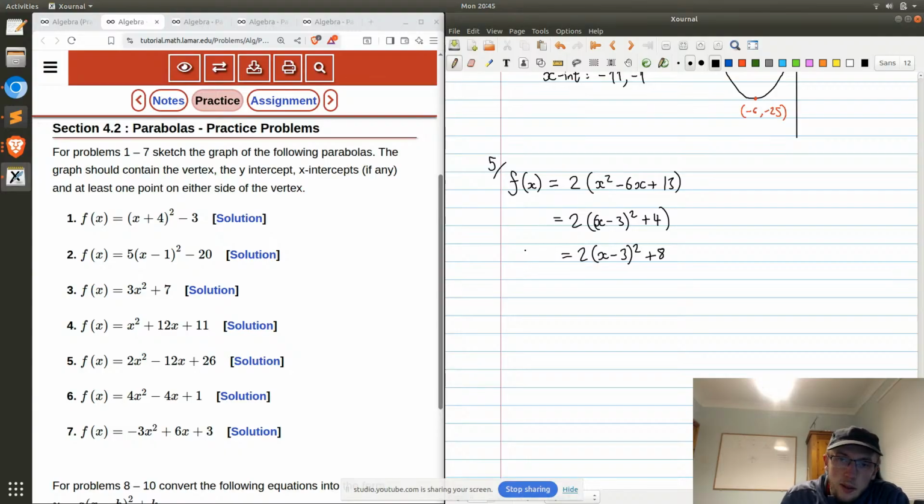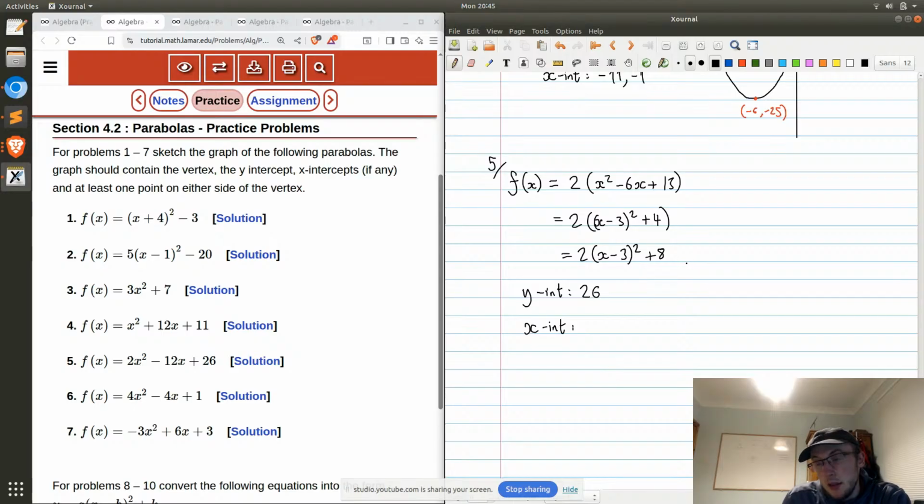Right, now, let's see. Okay, the y-intercept, that has to be 26, because look. As for the x-intercepts, set it equal to 0, bring the 8 to the other side, so -8 divided by 2, -4.